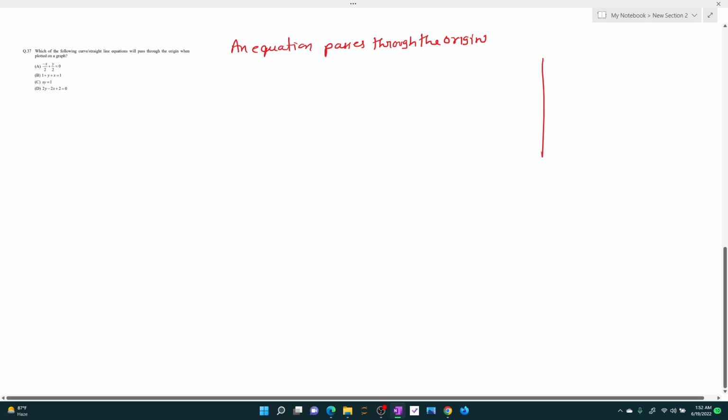When we see the origin, the point is simply known as (0, 0), right? That means the value on the x-axis is 0 as well as the value on the y-axis is 0. Or we can simply say that for x equals 0, we have y equals 0. If this condition holds true, that means the given curve passes through the origin, right?